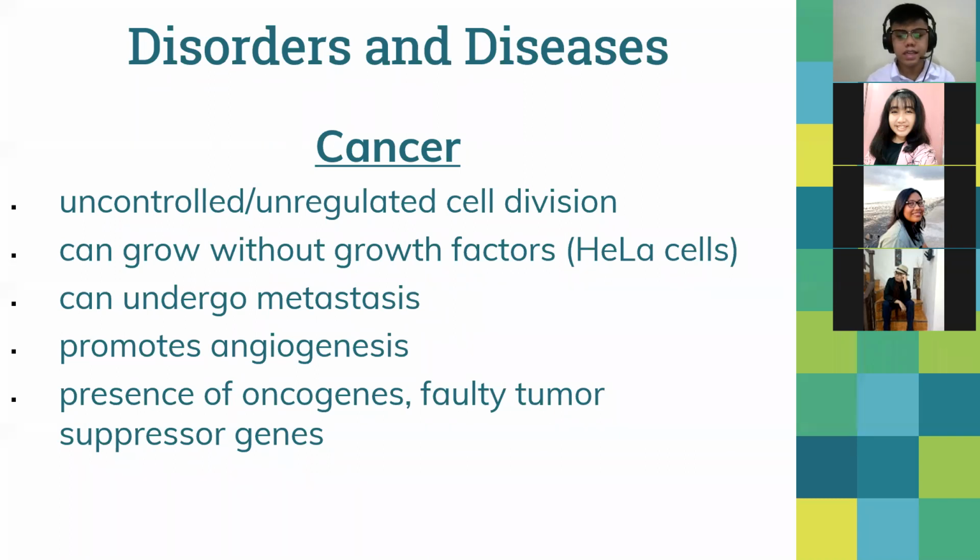And what's amazing about cancer cells in a laboratory setting is that it can grow without external signals or without what we call growth factors. Kahit wala tayong growth factors, the cancer cell usually grows.